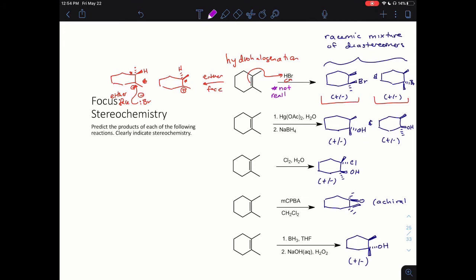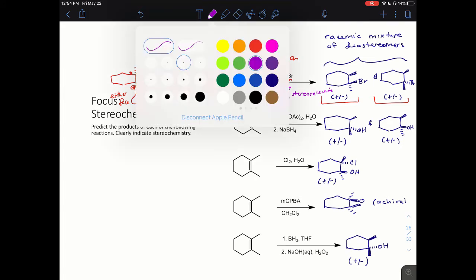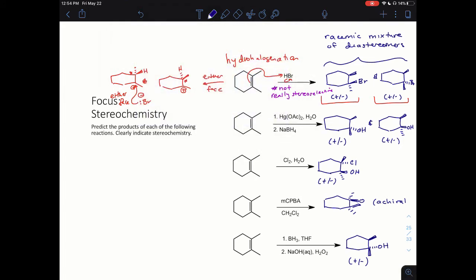And you can get into all the tiny details if you ever take advanced organic chemistry. Not really stereoselective. Great. Now, the next reaction, the first step is stereoselective. Unfortunately, the second step scrambles everything.